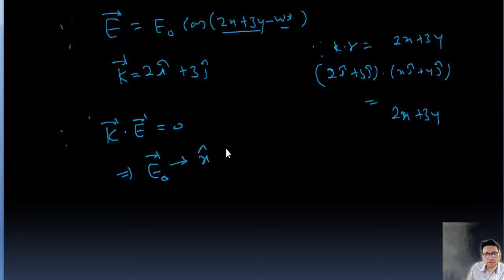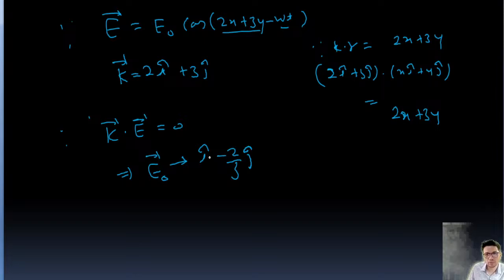So a valid choice for E naught is going to be x cap, or we can write it like this, I cap minus 2 by 3 y cap. We'll do the dot product and we'll get this. The choice for E is going to be I cap minus 2 by 3 j cap.